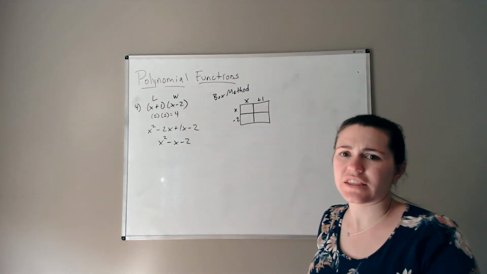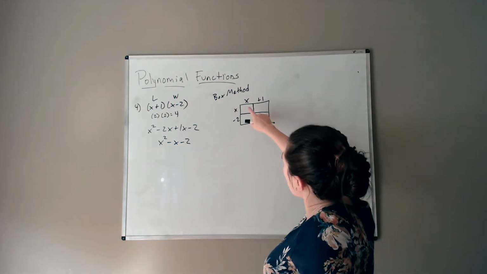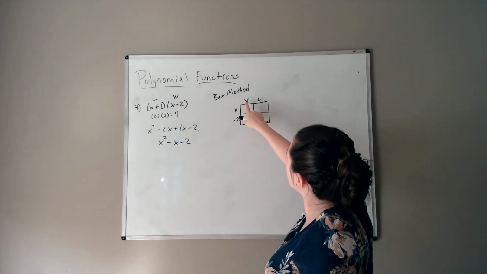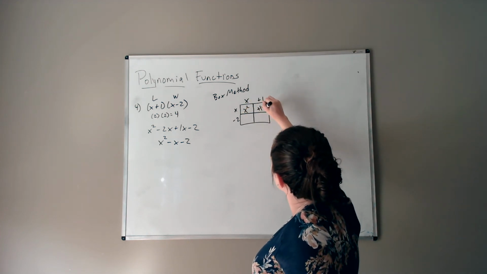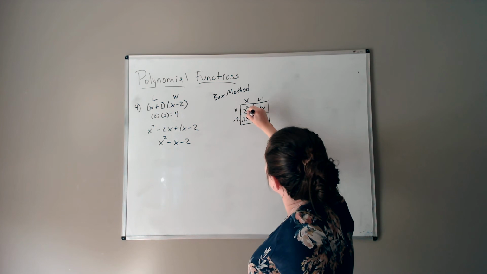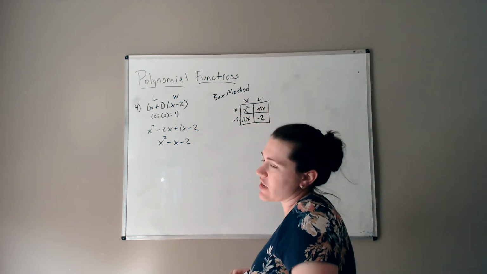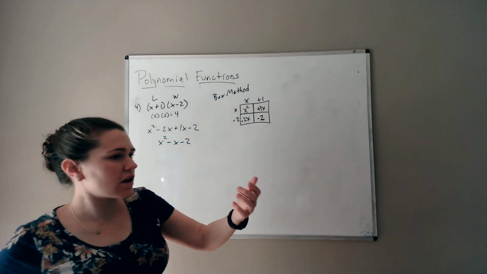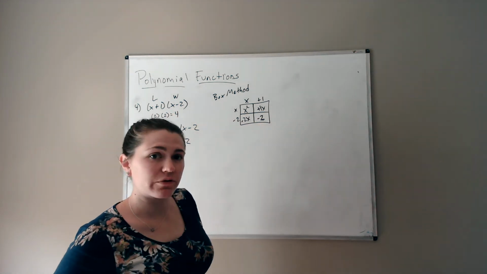And so we're going to get the area of this box by multiplying. So x times x is x squared, x times 1 is 1x, x times negative 2 is negative 2x, negative 2 times 1 is negative 2. It's just a visually appealing way of making sure you've multiplied out all of your terms.